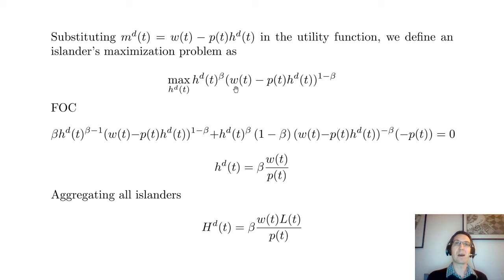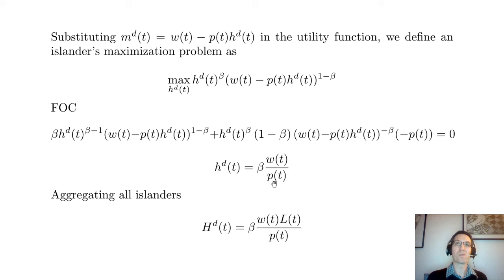So I take prices as given, because obviously one islander doesn't affect the price for all the other islanders. So if I maximize with respect to HT, then I'm not going to go again into the details of that. But believe me when I say that I get this demand for harvest: HD equals beta times W over P.